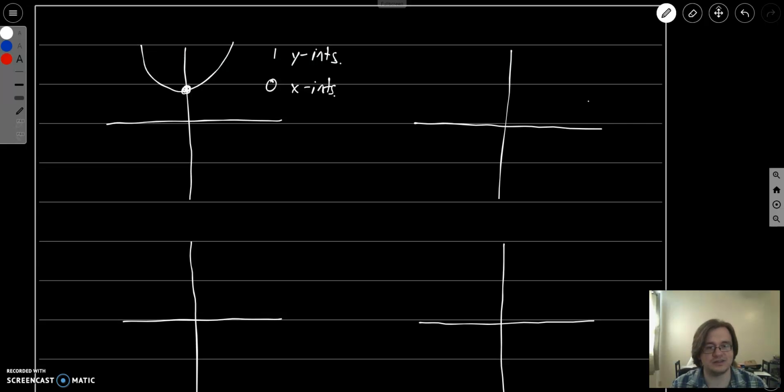I could do the same thing doing something like this. Here we have one x-intercept, but we have no y-intercepts. This line here does not cross the y-axis at all.